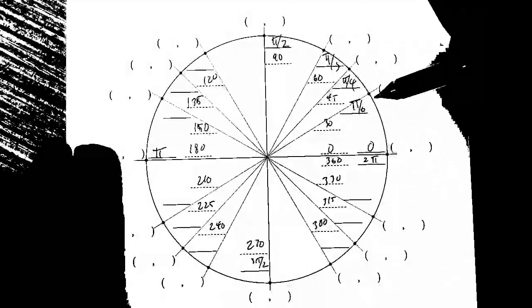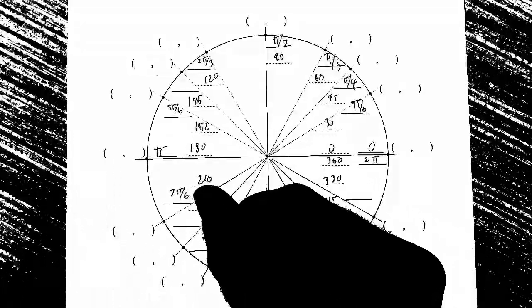So we got pi over 6, 2 pi over 6, 3 pi over 6, 4 pi over 6, which is 2 pi over 3. 5 pi over 6 is down here. Then we have pi. Then 7 pi over 6, then 8 pi over 6, which is 4 pi over 3, 9 pi over 6, and 10 pi over 6, which is 5 pi over 3. Then we have 11 pi over 6.